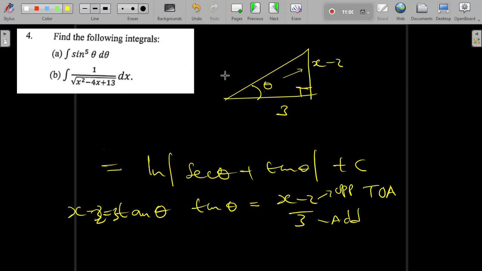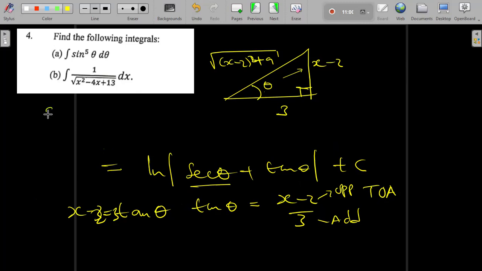Then how do I get the other part? I square this part, square the other part, then find the square root to get the hypotenuse. That will be x minus 2 squared plus 3 squared, which gives me 9. So I get that there. Now I want to get sec, because I already know what tan is. So what is sec?